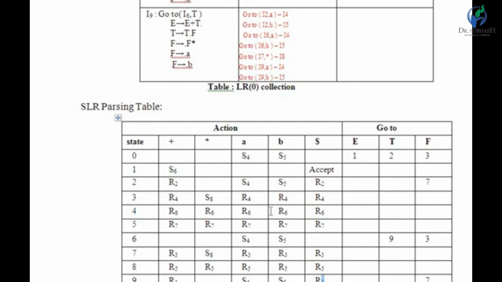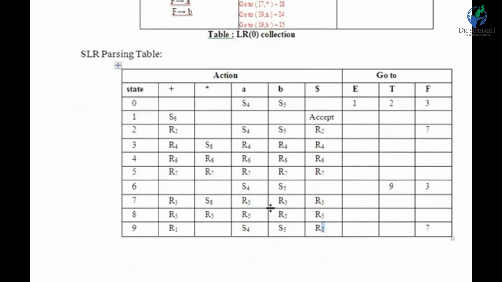It may be possible to have a conflict in the SLR parsing table. There are mainly two types of conflict: shift-reduce conflict and reduce-reduce conflict. Sometimes there are two entries in a single column, like shift and reduce.